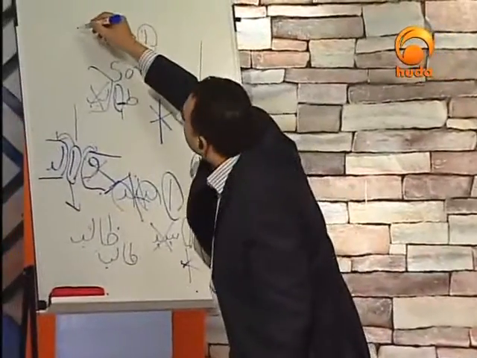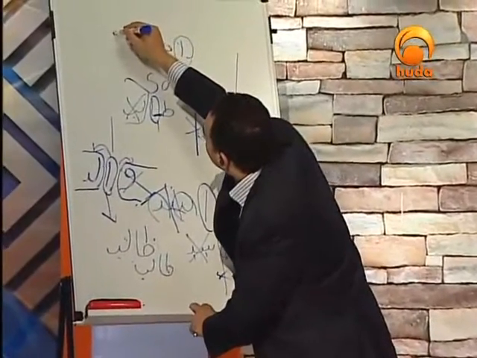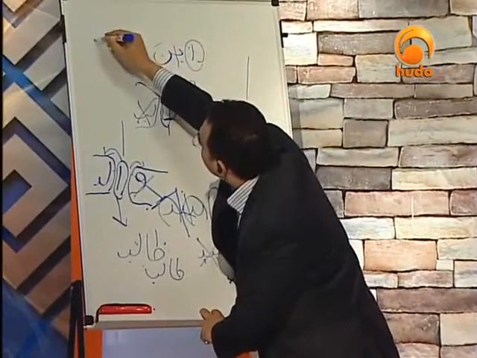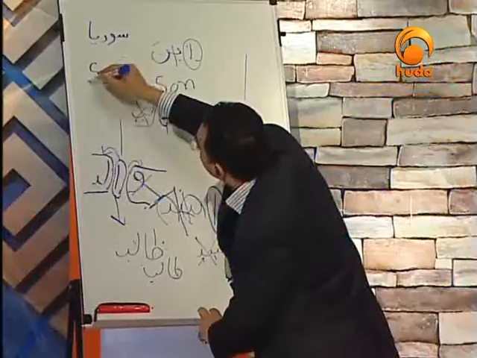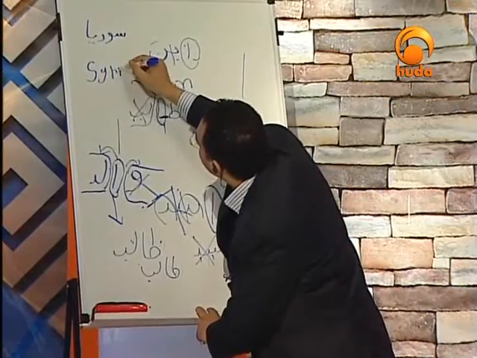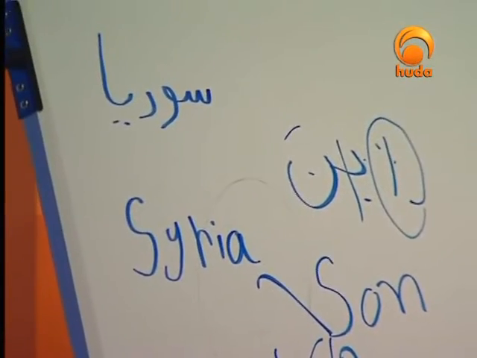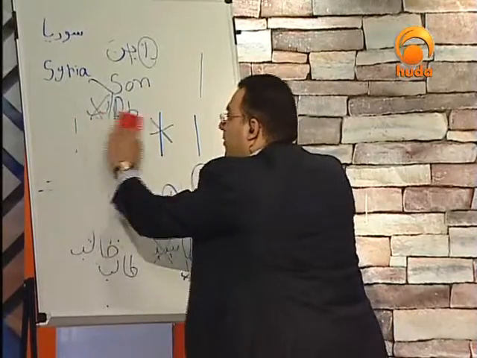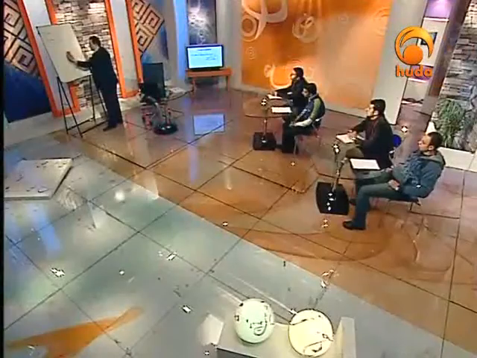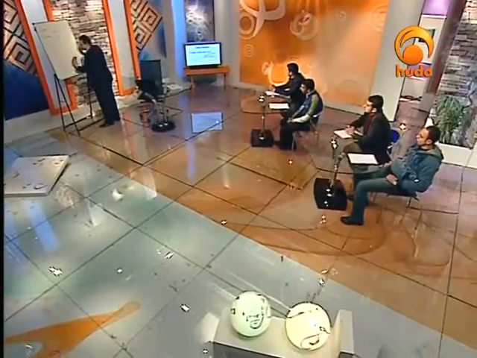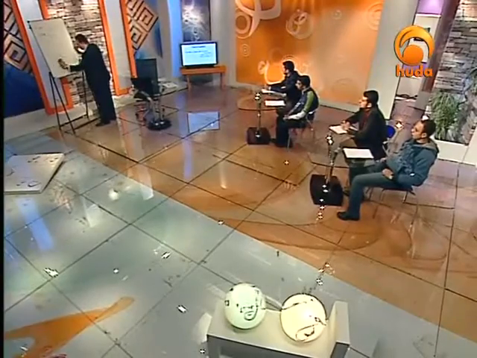I can write here, for example, the word Suriya, which means Syria in English. It's a country. Okay. So I would like just to repeat. We have a lot of stuff here.